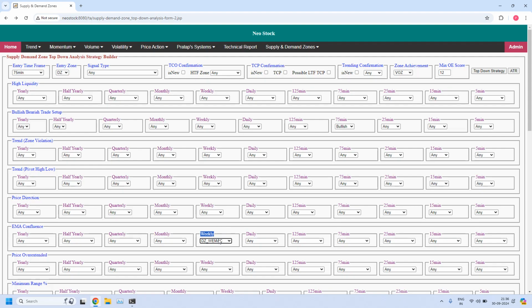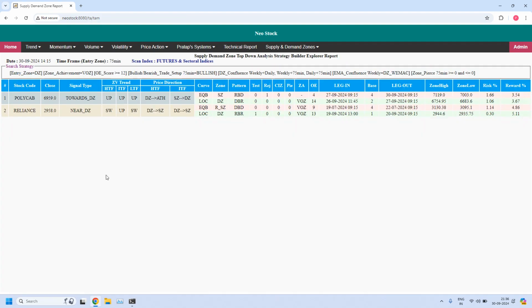And weekly zones are having weekly EMA confluence. It's a high probability setup. 2 stocks are filtered. You can ignore the second one, because the trend is sideways, weekly trend is sideways. It does not give any additional advantage, EMA. But here the trend is, polycap trend is uptrend.